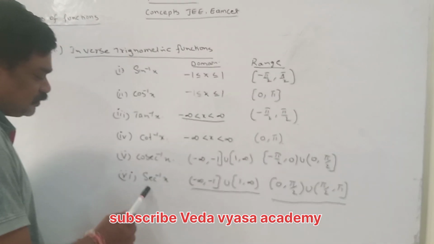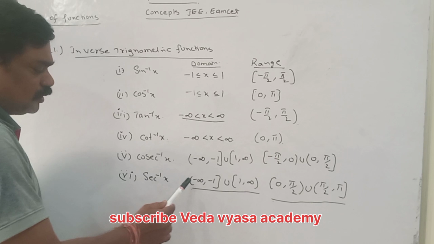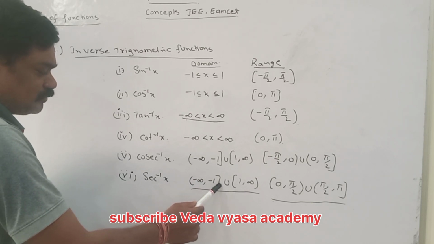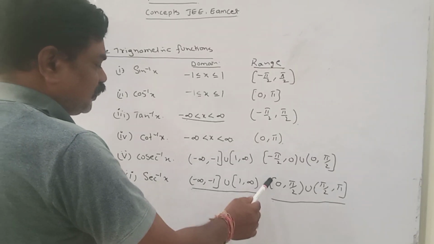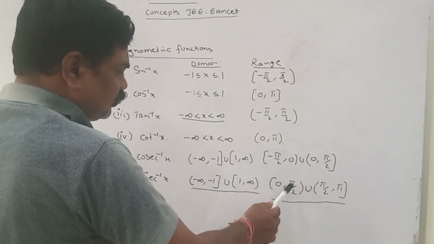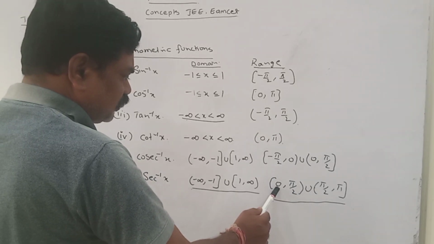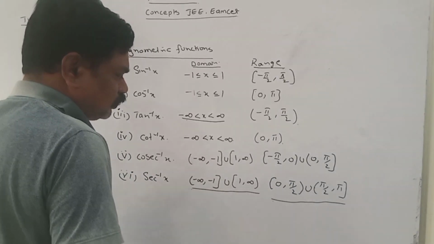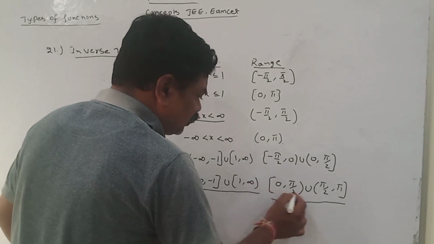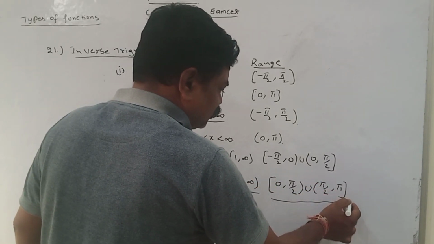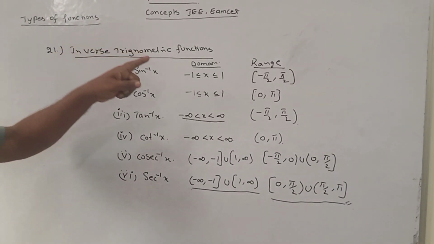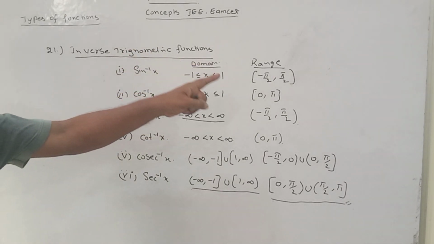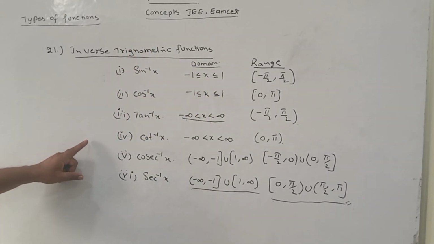Next, secant inverse x domain is open minus infinity to minus 1 closed, union closed 1 to open infinity, and range is closed 0 to pi by 2 open, union open pi by 2 to pi. These are the domains and ranges of the inverse trigonometric functions. Okay, all of you. That's all.